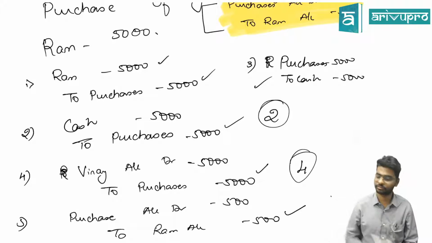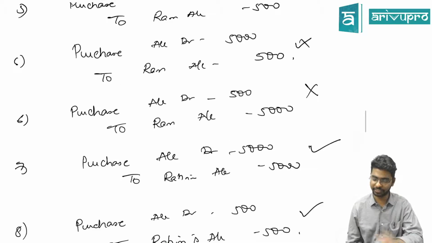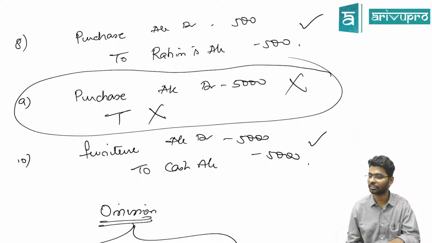Four. Then you will say 6, 8, 10. 2, 4. Okay, will come. Anything 6, 7, 8, 9, 10.